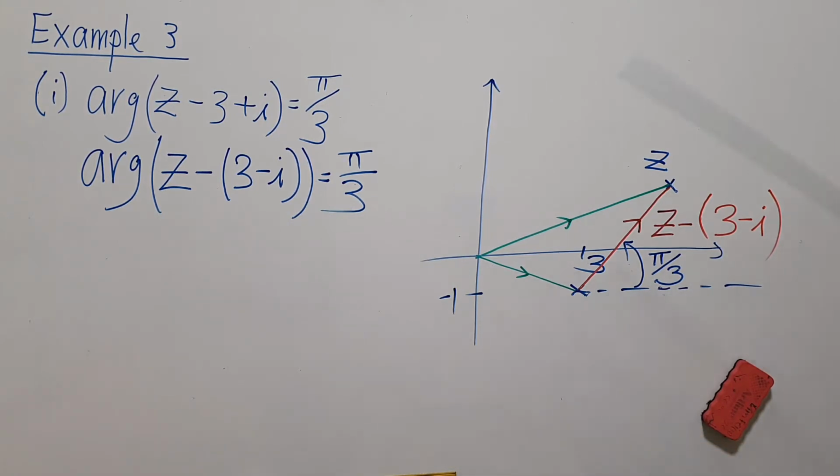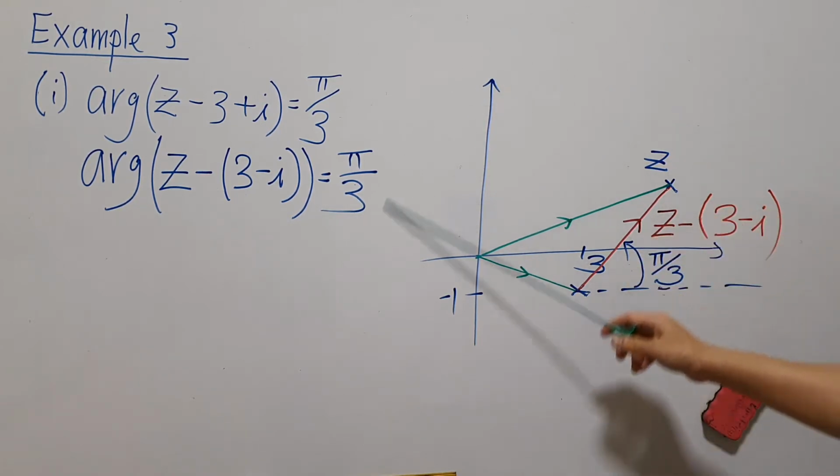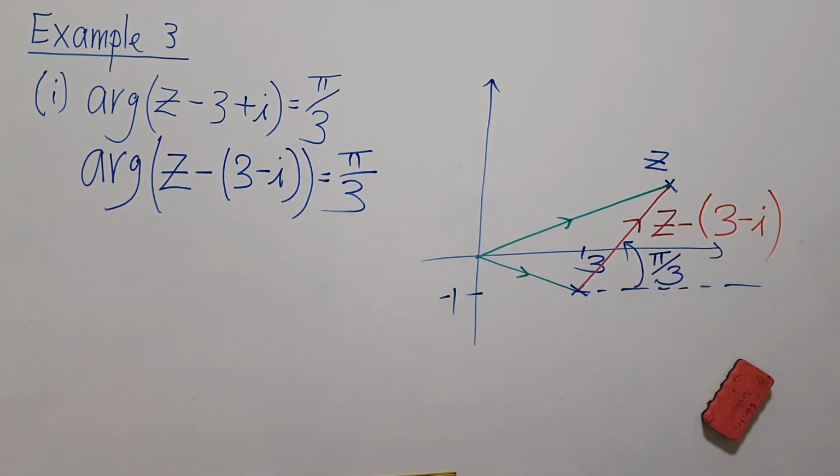In this diagram, can you tell me what other points will satisfy the same condition? I have one such point z. If this is truly pi over 3, then this point z satisfies this equation. Are there other points you can see in this diagram that will also satisfy the same equation?